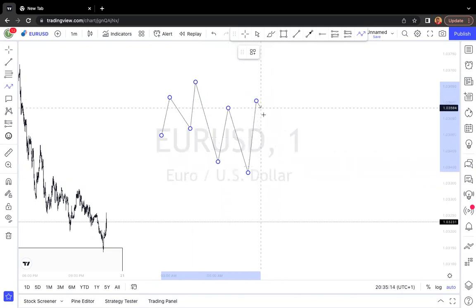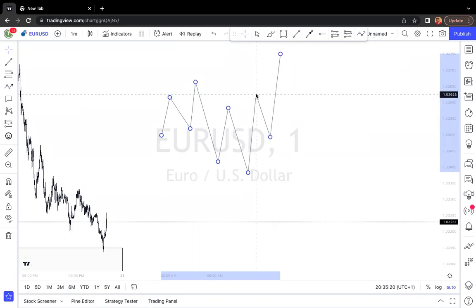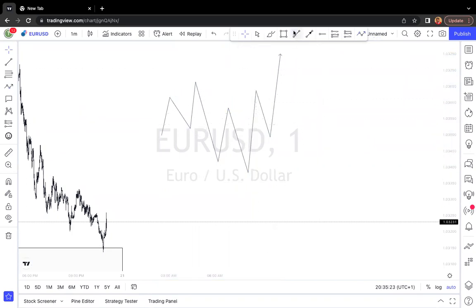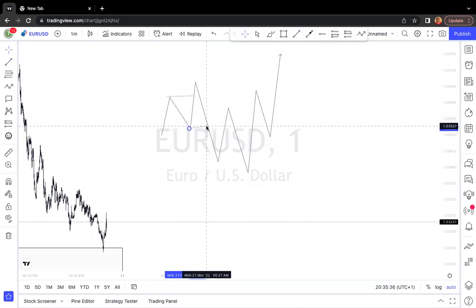But instead of this happening, we now have this and then this. It breaks up. Don't forget, we have this here as a grab on liquidity, right? And then we have this here as a shift in structure. And then further, go back here.